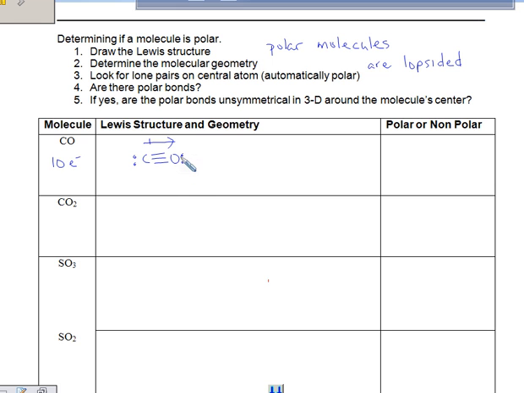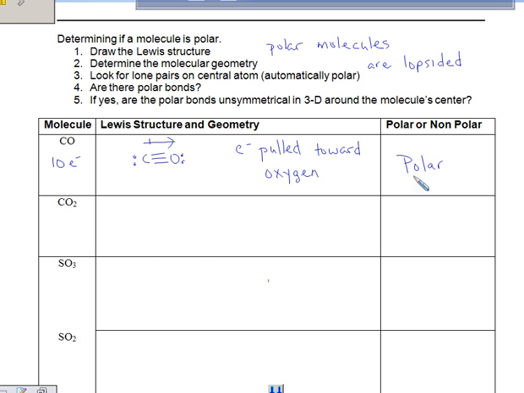This is going to have a partial negative end, and this is going to have a partial positive end. So electrons pulled toward oxygen. And this means that this is indeed a polar molecule. So this one is polar.